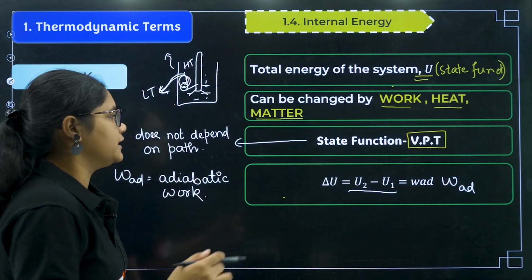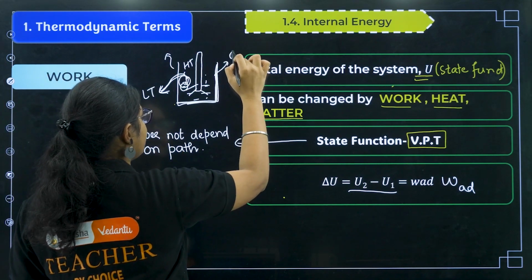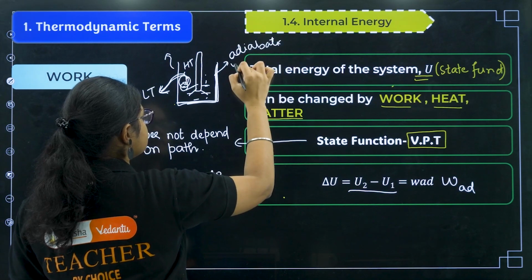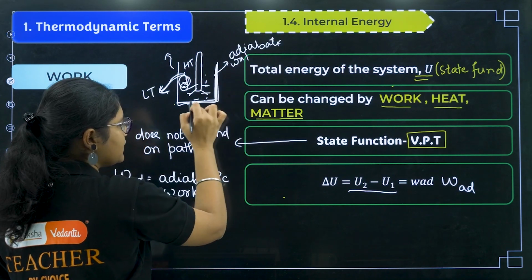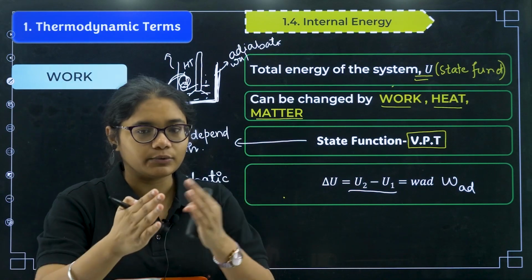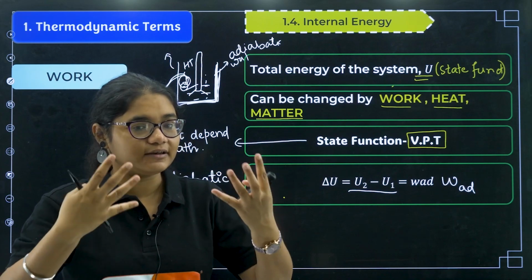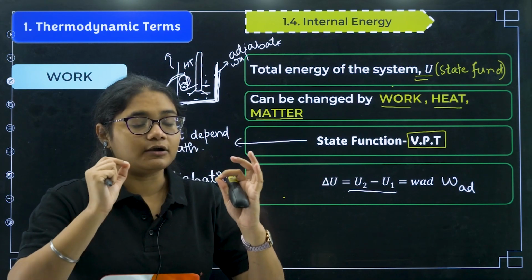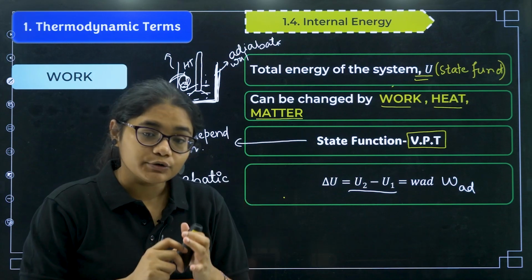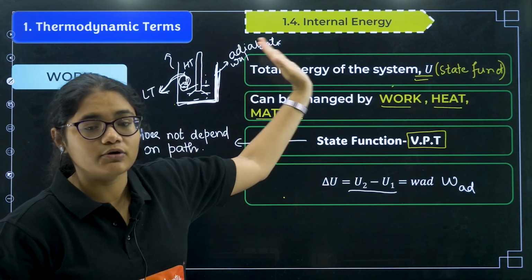But what we did here is we took this insulated wall, or we call it an adiabatic wall. Due to this adiabatic wall, whatever energy was released when you churned it, the particles' energy increased, right? Now due to this particle energy increase, heat was there, and due to this heat the temperature increased, right? The heat did not flow out.